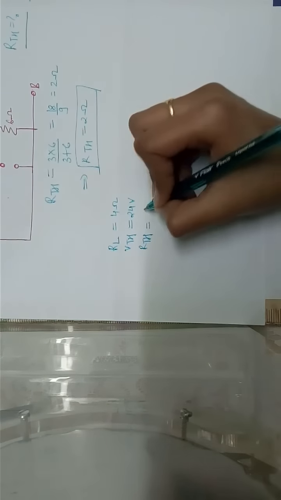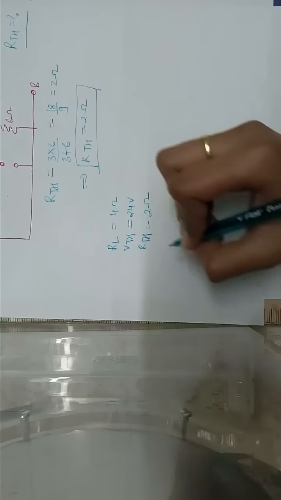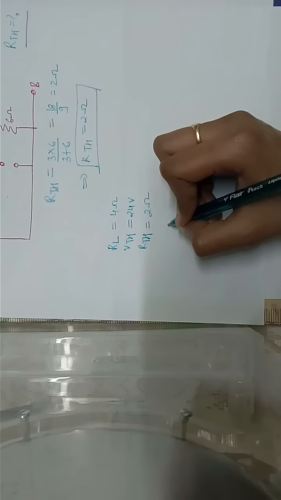And RTH is 2 ohms. Now our main aim of the question was to determine the current in the 4 ohm resistance.